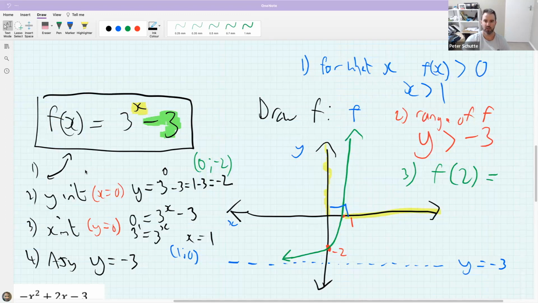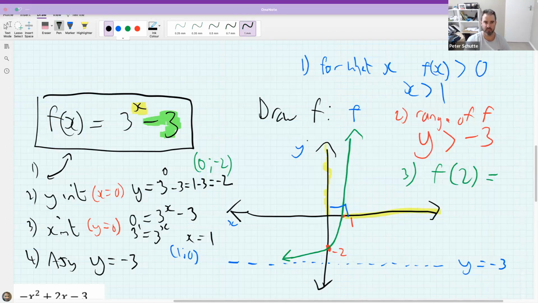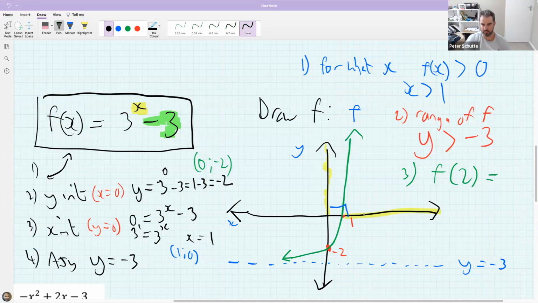It means, what is the value of the function if I put 2 in? Let's say 2 is here. I know that's not a perfect line, but what y value does that go to?